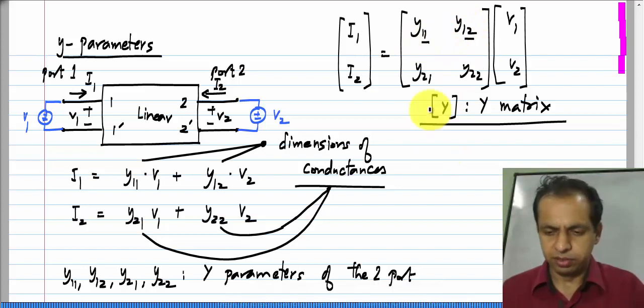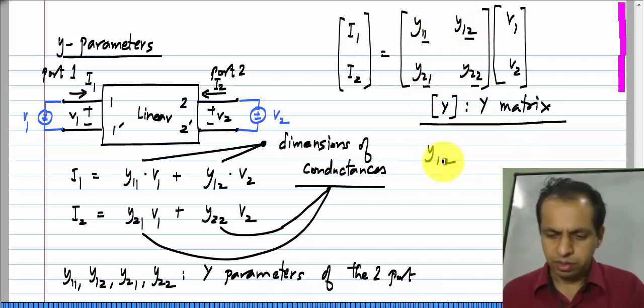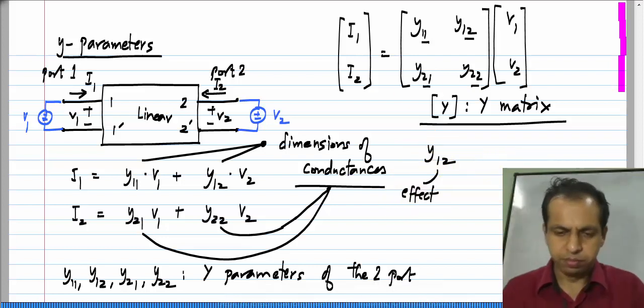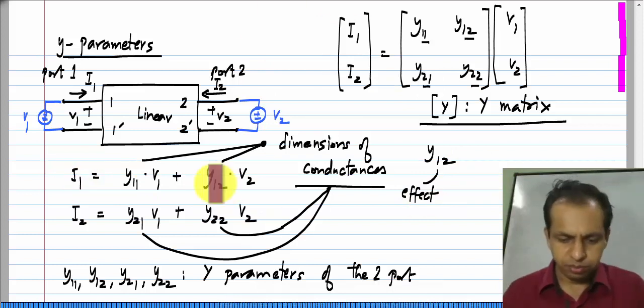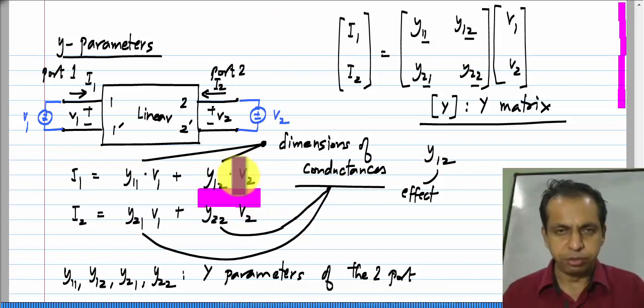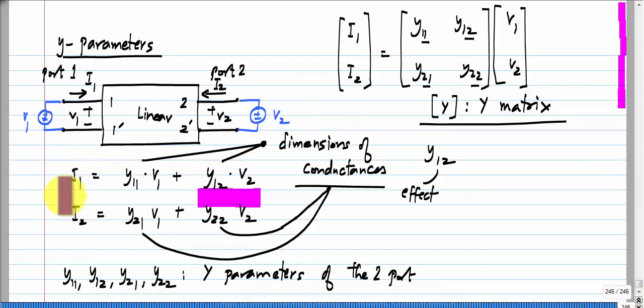Now, these subscripts here. Let us take y12. The first subscript denotes the effect, meaning I1. I1 is y12 times V2. So, what is y12 times V2? It is the contribution of V2 to I1. So, I1 is the effect, V2 is the cause. The first subscript denotes which the effect is, and the second one denotes which the cause is.